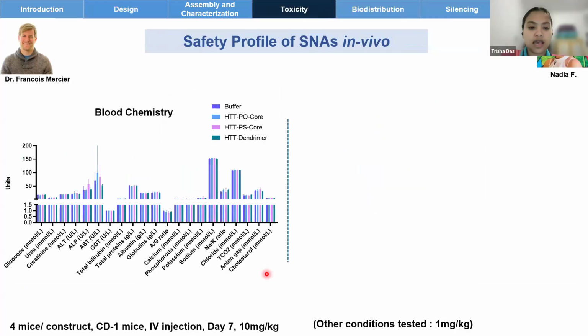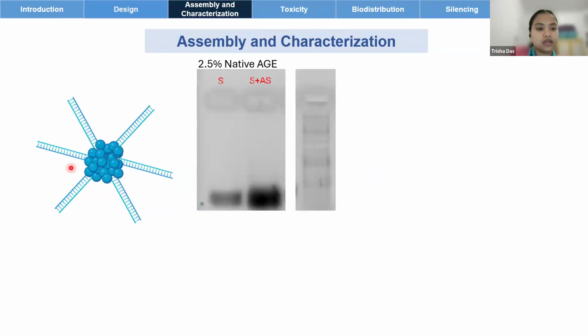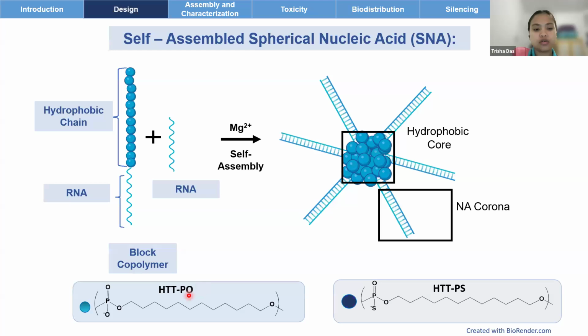So the SNAs that we have will be something like this, where we have the hydrophobic portion in the inside and the siRNA on the outside. In our case, the PO core, we have the phosphate link. PS core has just one of the oxygen replaced by the sulfur. Previously, in our research, we have seen that HTT PS are essentially monomers, something like this, whereas the HTT PO is essentially still a particle.